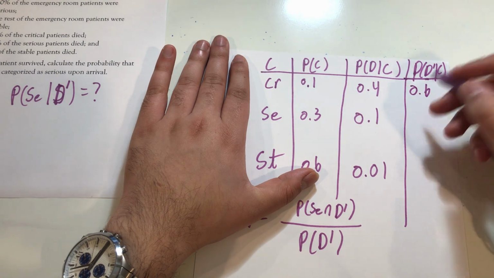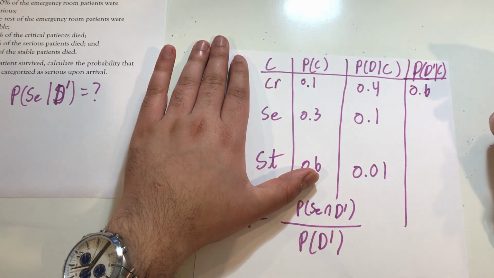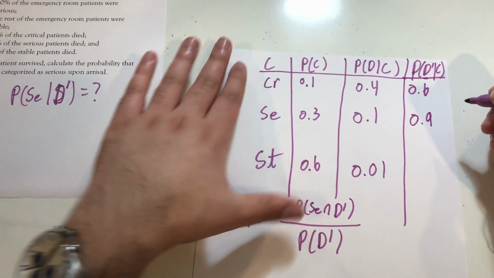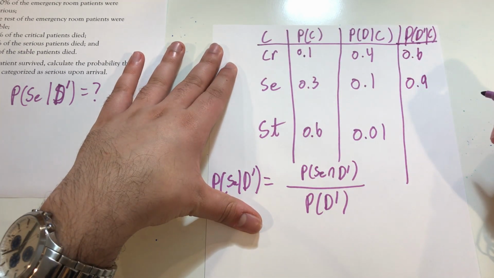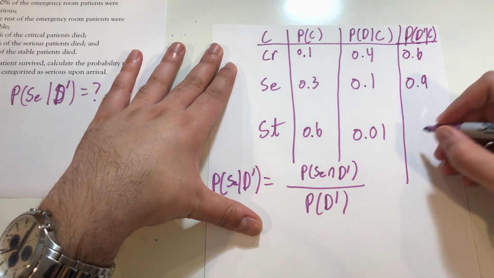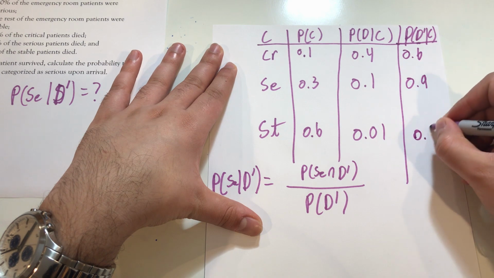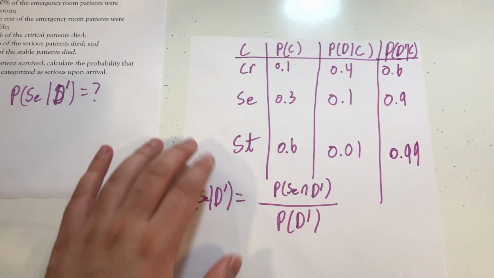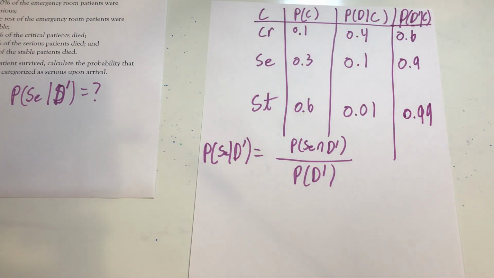Hopefully that makes sense, right? If 0.1 of the serious patients died, that means 0.9 of the serious patients survived. And if 0.01 of the stable patients died, that means 0.99 of the stable patients survived. So now that we have this column, we can go into Bayes' theorem, right?